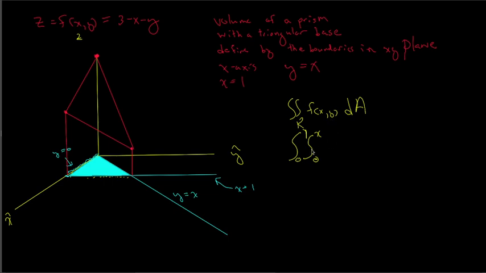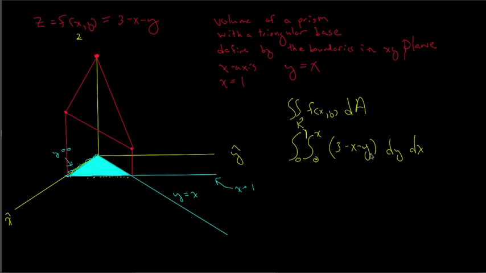So I want to take my function of x and y, and I did 0 to x first, so that was my dy, and then my dx.